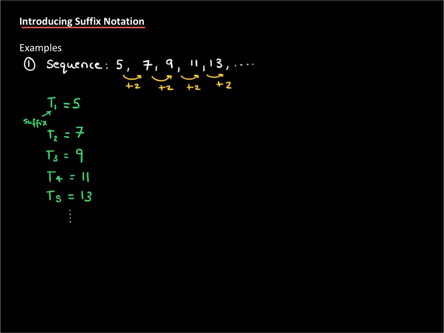Now, what's nice here is that we could actually write down a formula that allows us to jump from one term to the next term. So I could say that the next term is equal to the previous term plus 2. That makes sense, doesn't it? For instance, here, 13 is equal to 11, the previous term, plus 2.